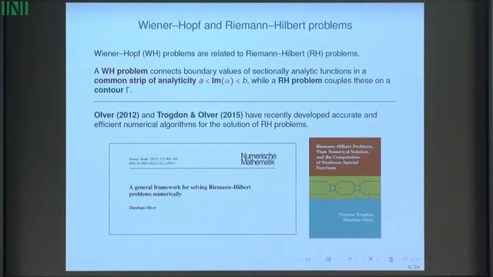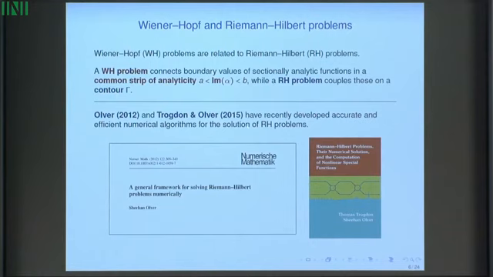So we will exploit this connection between the Wiener-Hopf and the Riemann-Hilbert problems, to see how we can solve the Wiener-Hopf problems by solving the corresponding Riemann-Hilbert problem. Our work is based on the work of Olver and this paper here, and also Trogdon and Olver, this book.